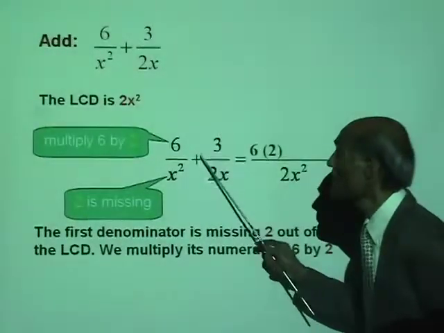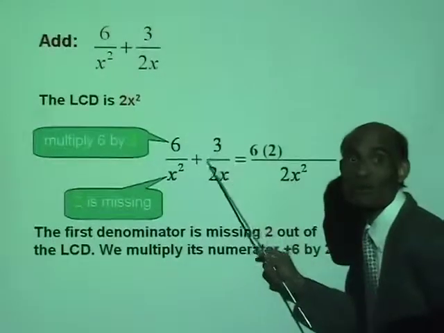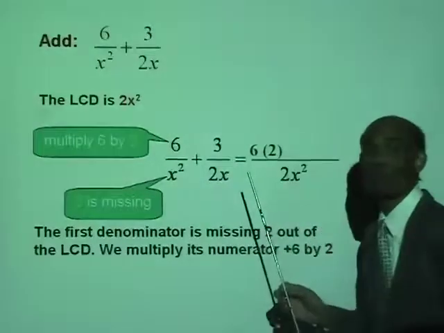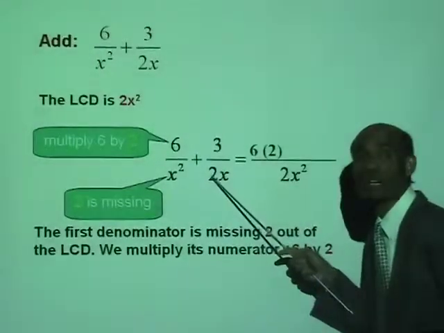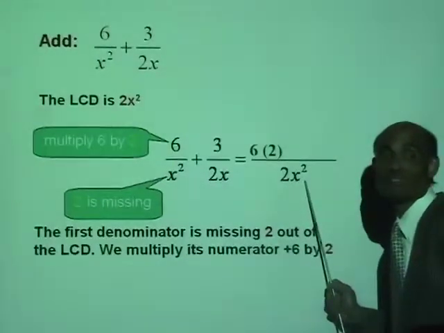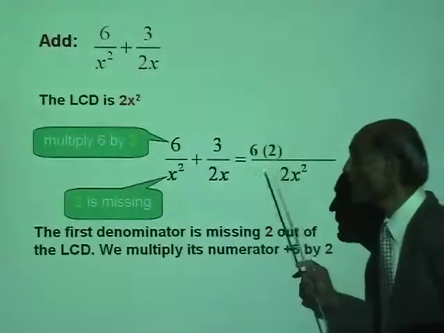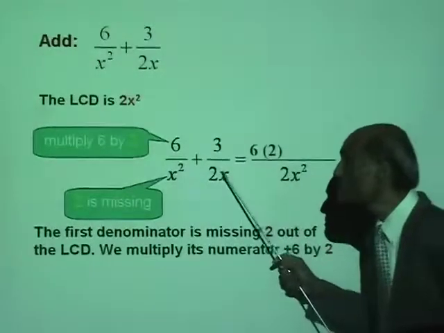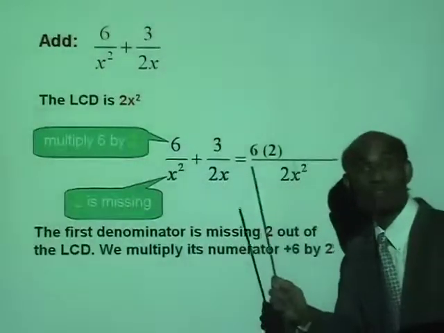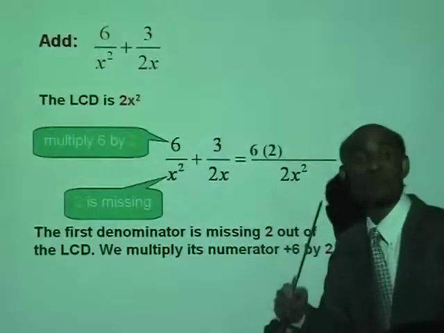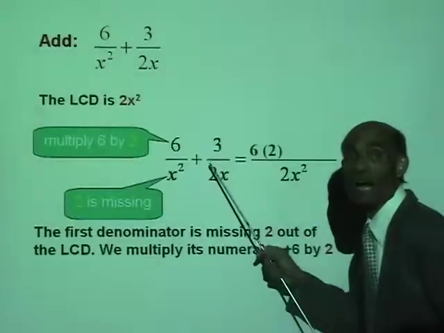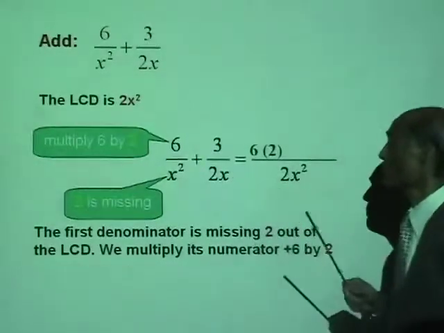Followed by, now tell me, what is this plus 3 going to be multiplied by? Can you figure it out? Look at its denominator. The denominator is 2x. The LCD is 2x squared. Tell me, what is the factor that is missing here out of the LCD? It's an x. You see, 2x squared is 2x times x. That means that x is missing here, and we will multiply this 3 with that x.